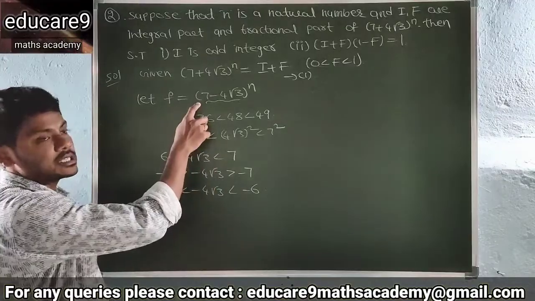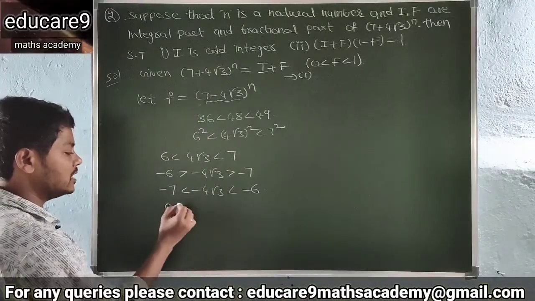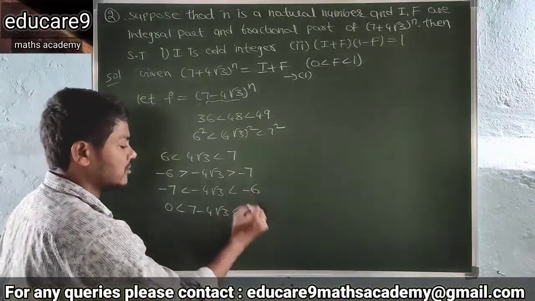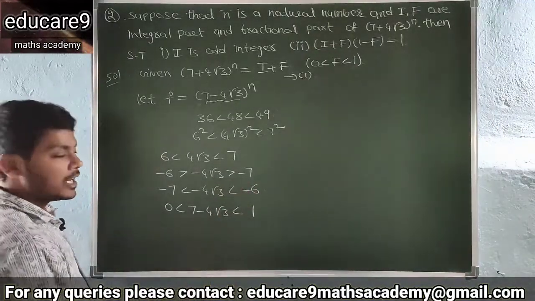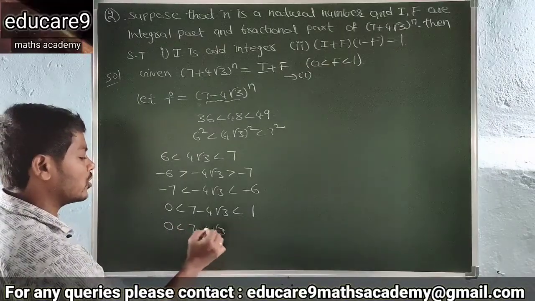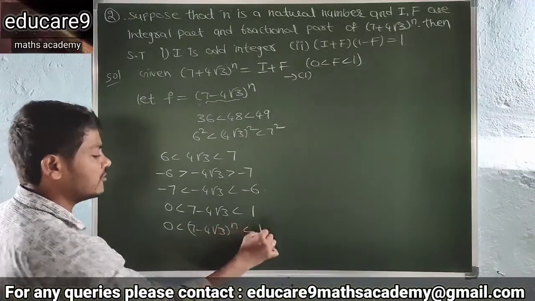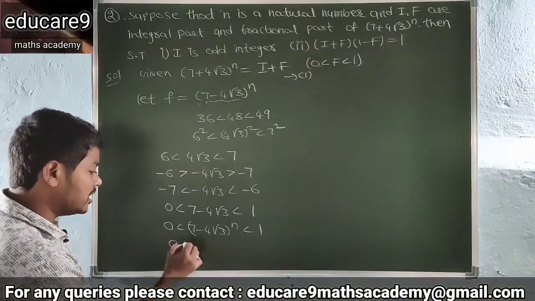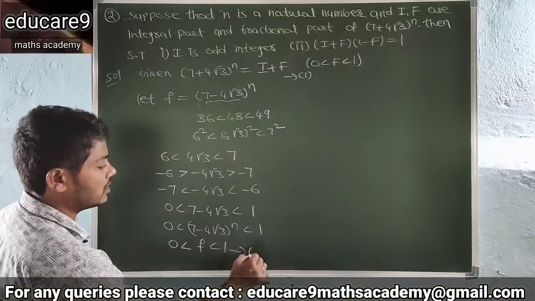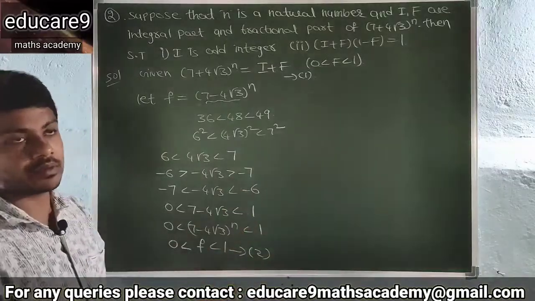And add 7 on both sides: 7 minus 7 is 0, less than 7 minus 4 root 3, less than 7 minus 6, which is 1. Take power n on both sides, that is 0 less than (7 minus 4 root 3) whole to the power of n less than 1. So clearly it is 0 less than small f less than 1. This is equation 2. Okay.